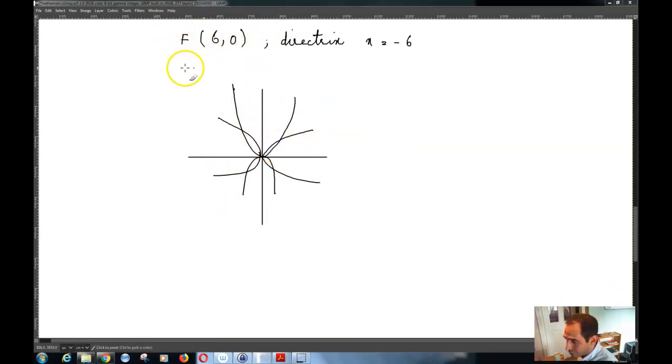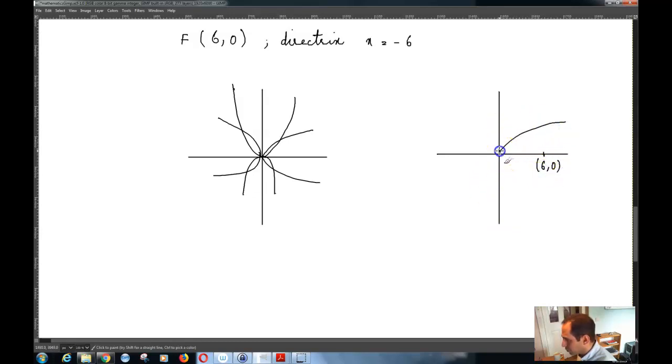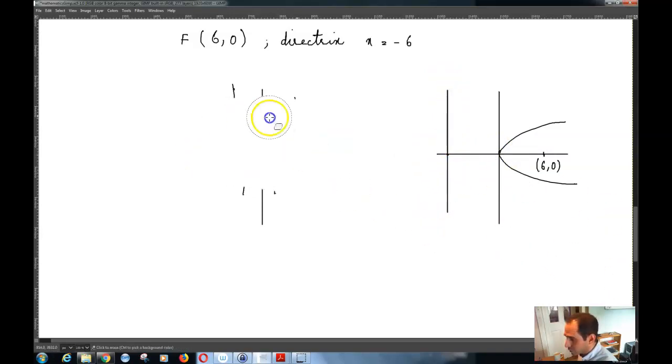when I know that my focus is at 6, 0, then 6, 0 is basically some point over here, for example. So then automatically I know that my parabola is going to be this way, and of course the directrix is going to be the same distance away from the origin, and so the equation of this is going to be basically not x but y squared is equal to positive 4ax.